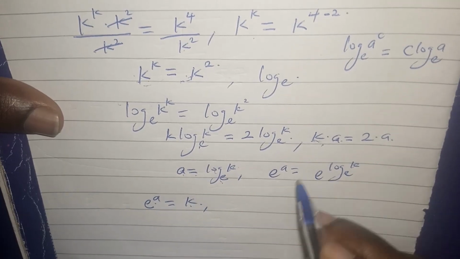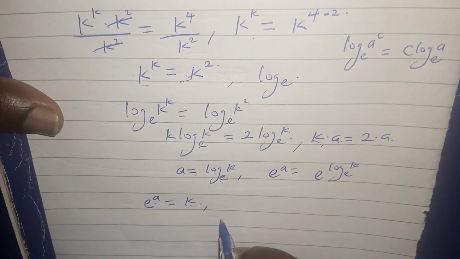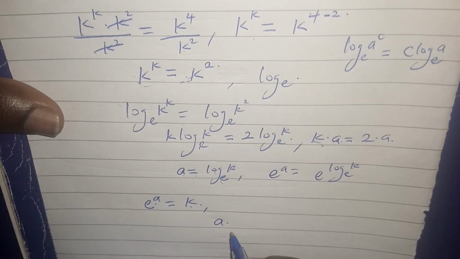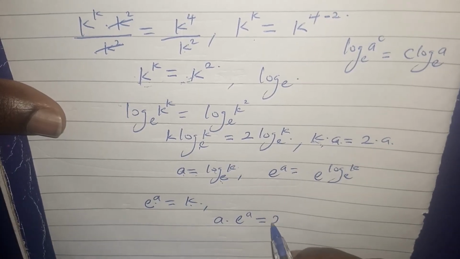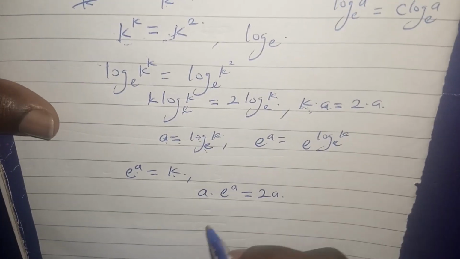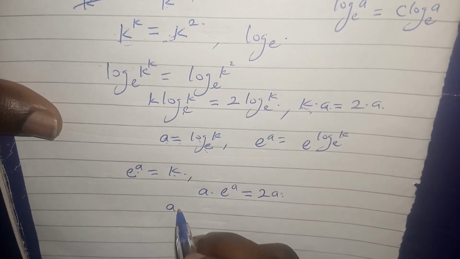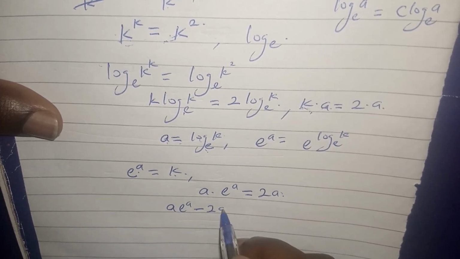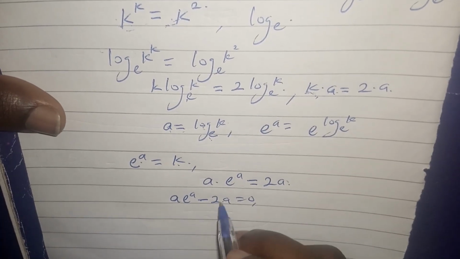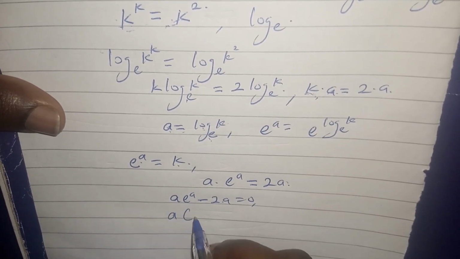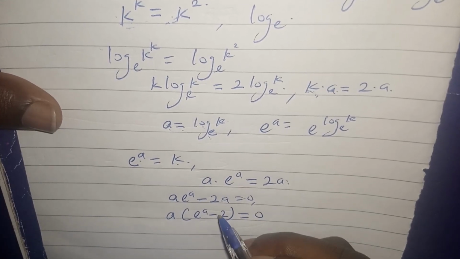So this equation becomes a times exponent of a equals 2a. Having done this, we bring this to the other side, so we have a exponential a minus 2a equals 0. From here we can see that a is common, so we say a open bracket exponential a minus 2 close bracket equals 0.